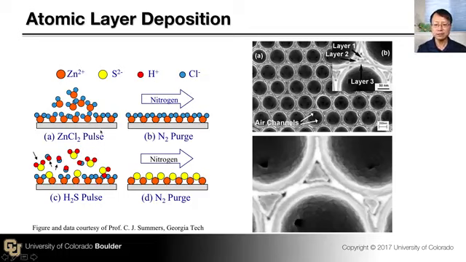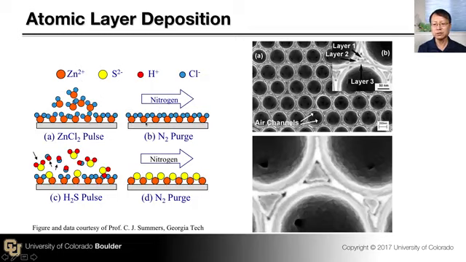In this example, the schematic on the left shows the growth of a zinc sulfide film, and it uses two different precursor species, zinc chloride and hydrogen sulfide. First, zinc chloride comes in. When a zinc chloride molecule is absorbed on the surface, it forms only one monolayer, and the chemistry is such that any additional molecules that may come in are not chemically bound on the surface.